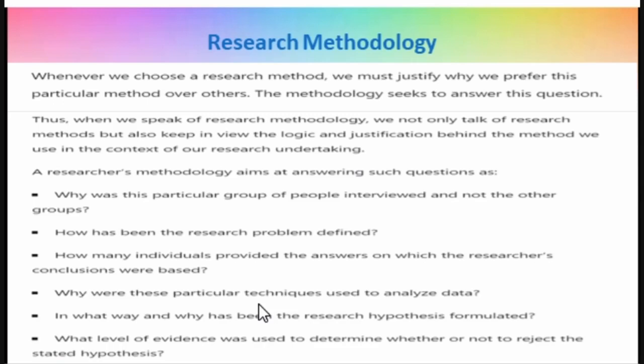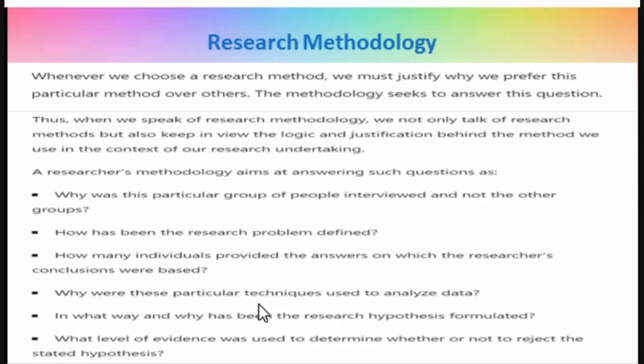I can talk with you, interview you, go person by person, or just observe and collect the data. But why did I use Google Forms? I must justify that Google Forms is better for this research. That kind of justification comes under research methodology.